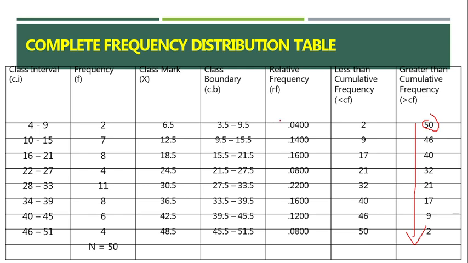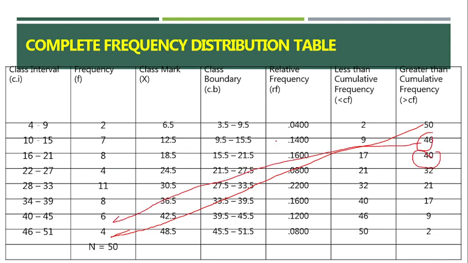It is 50. You subtract 4. 50 minus 4, the answer is 46. 46 minus 6, the answer is 40. 40 minus 8, the answer is 32. Same goes up until the end.